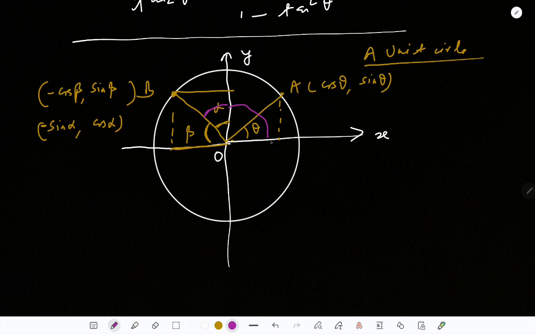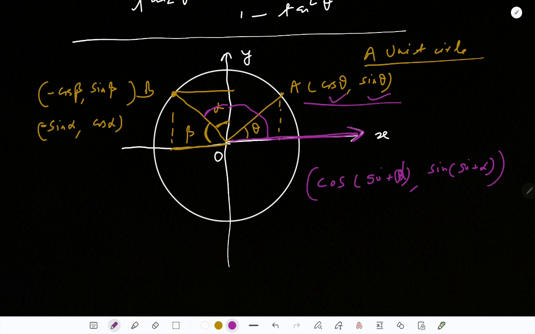So if you take drawing your angles starting from this arrow only, the positive x-axis, that is OX in the picture, you should have written the coordinates of point B as cos 90 plus alpha and sin 90 plus alpha. You should have written like this.